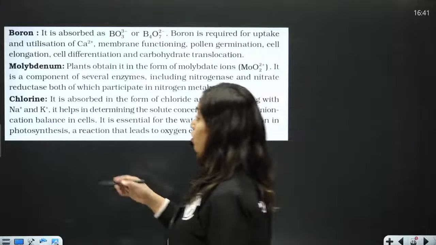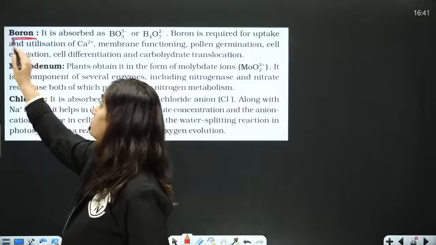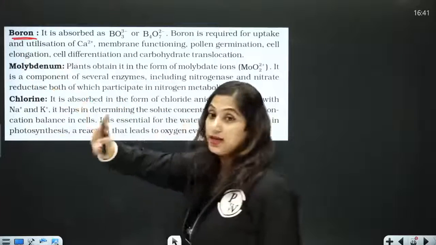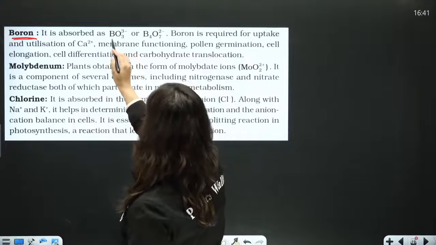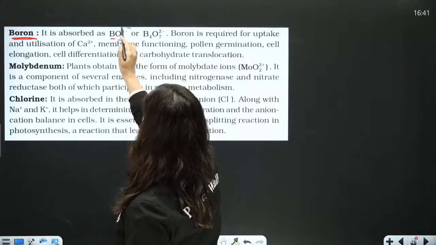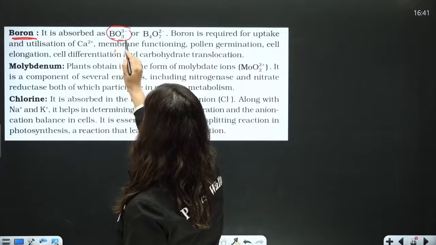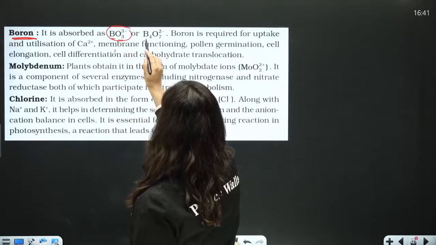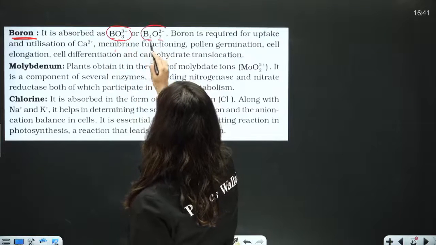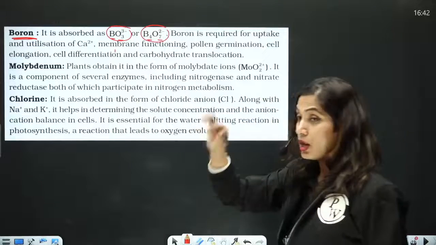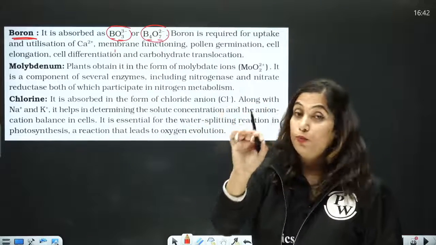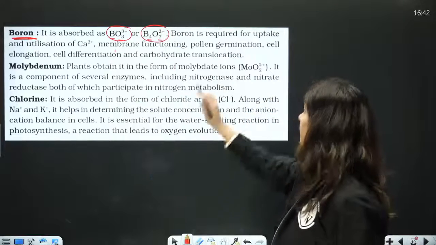Now comes boron, very, very important. So first of all, let's learn in what form it is taken up from the soil. It is taken up as BO3 3-, learn with me, BO3 3- or B4O7 2-. Now, learn, boron is very important.